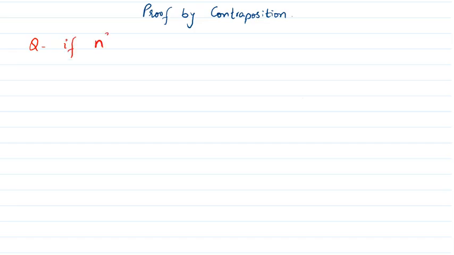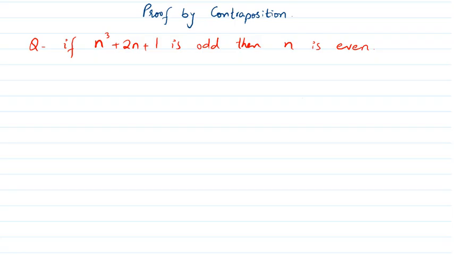If n cube plus 2n plus 1 is odd, then n is even, right?